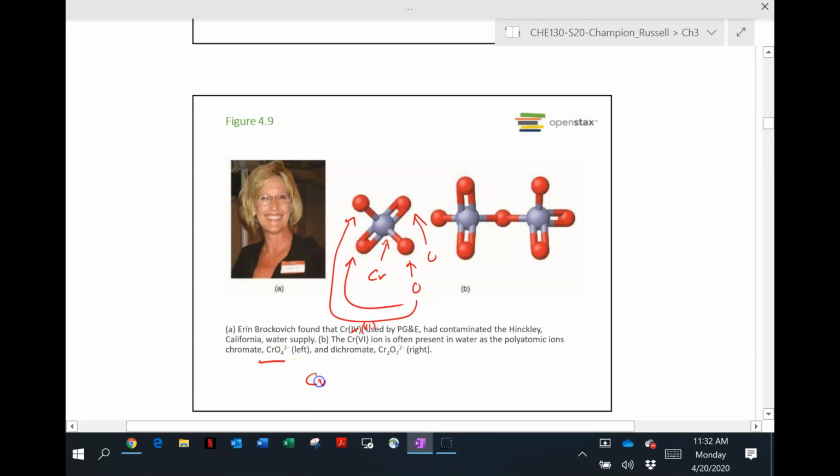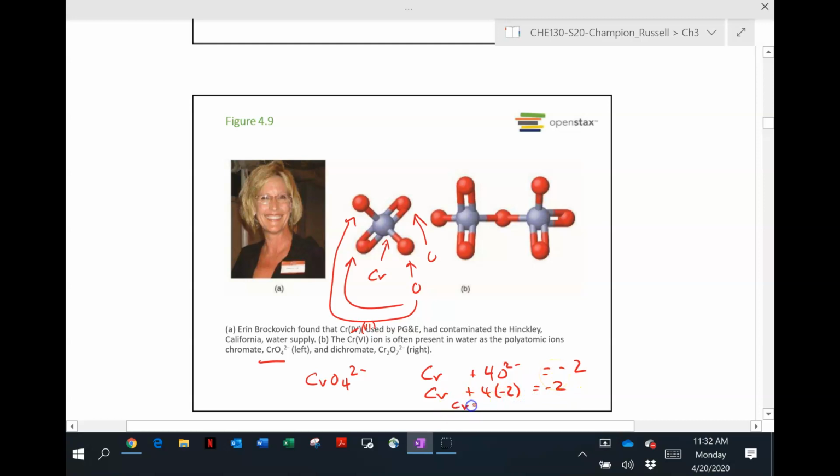If I look at CrO4 2 minus, okay, I know I've got 4 oxygens that are 2 minus each, and I know the whole thing's got to be equal to -2. Because of that, I've got 1 chromium. So Cr plus 4 times -2 is equal to -2.